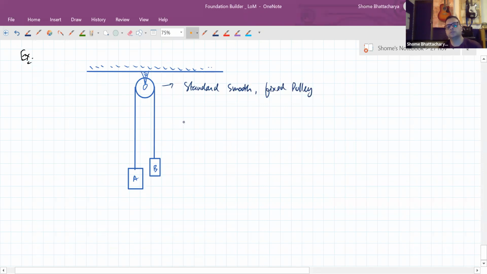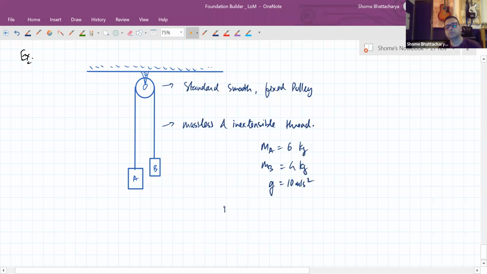This is a massless and inextensible thread. Mass of A is given to us this time as 6 kilograms. Mass of B is given as 4 kg, and we have to take g as 10 meters per second square. So make free body diagrams for A and B and calculate accelerations and tension in the thread.